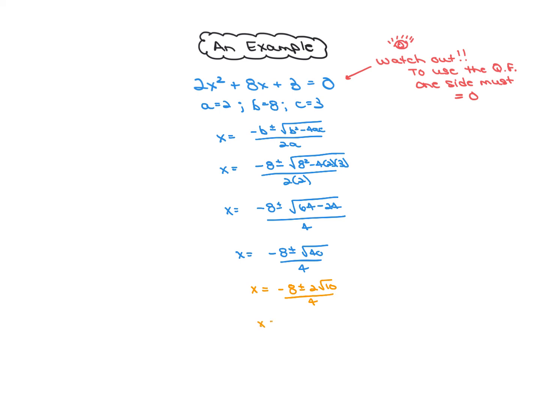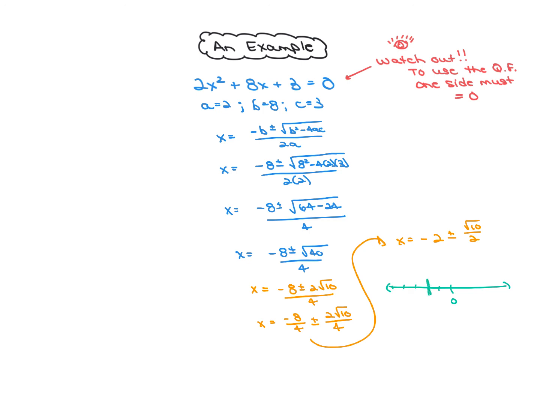So I have negative 8 divided by 4 plus or minus 2 square root 10 divided by 4, and x is equal to negative 2 plus or minus the square root of 10 over 2. One of the reasons I like to write the solution like this is it gives me a good visual. If I have a number line, here's 0.